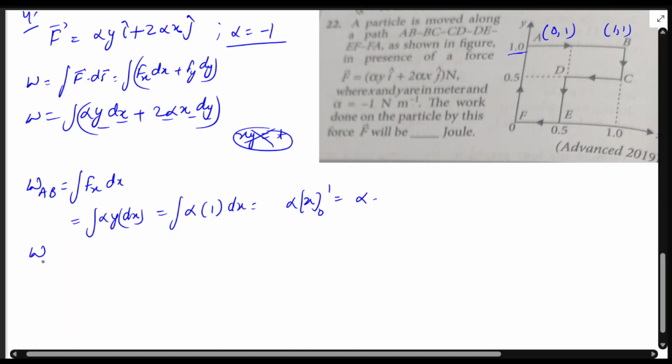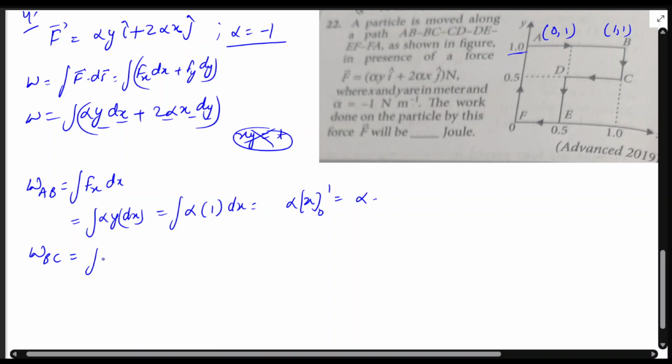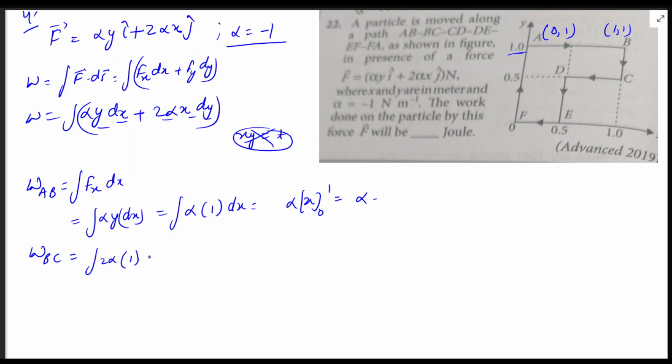So we can find all the work done like this. Just let's find BC. So for BC, x coordinate will be same. So dx will be 0. So we can just write it as fy, 2 alpha and x will be 1 into dy. So we will get 2 alpha y, right?